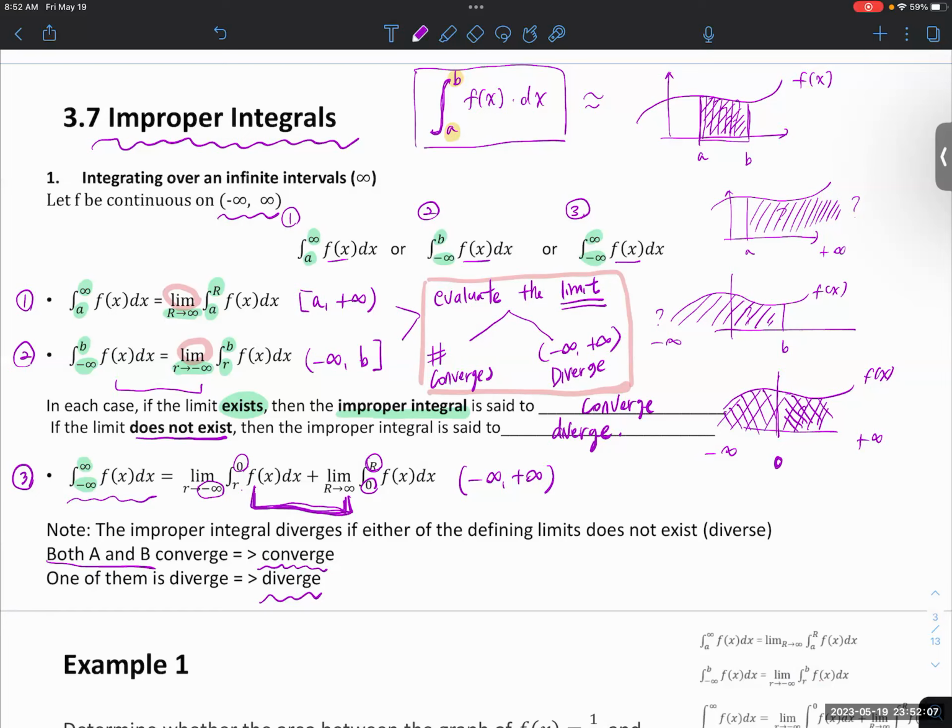You're going to take the limit, and evaluate the limit. That's a key point. Make sure you use the specific symbols for each case. If the limit exists, then it's convergence. Otherwise, it is divergence. Okay, so let's take a look at a question so you feel more confident. So here we go.